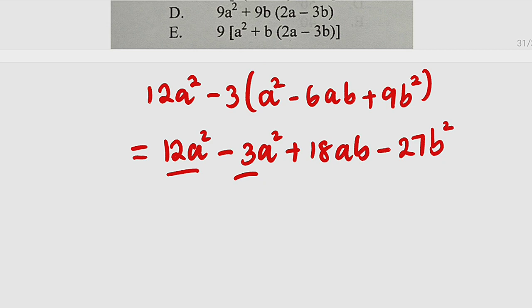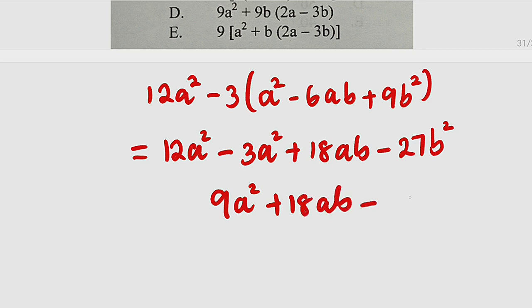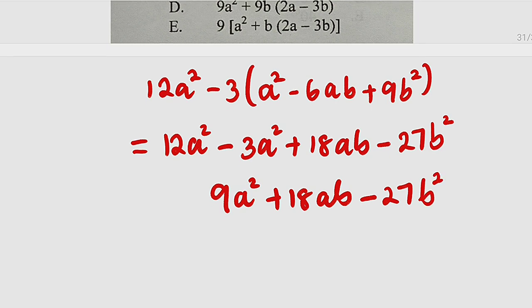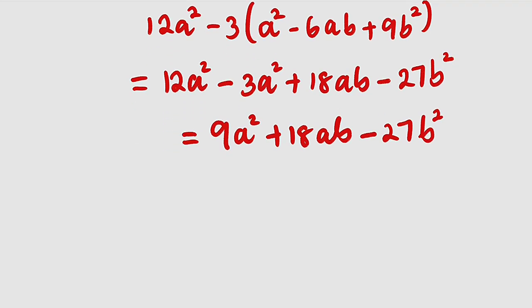12 minus 3 is 9, so we have 9a squared plus 18ab minus 27b squared. All these terms contain a factor of 9 because 9 can divide 9, 18, and 27. So we can factor out 9 inside.